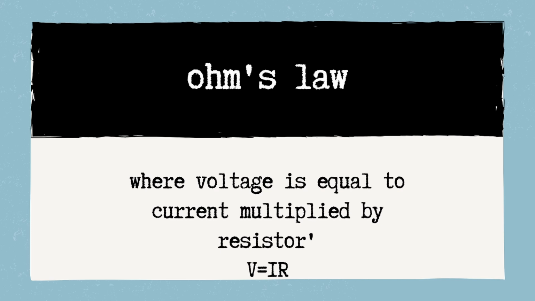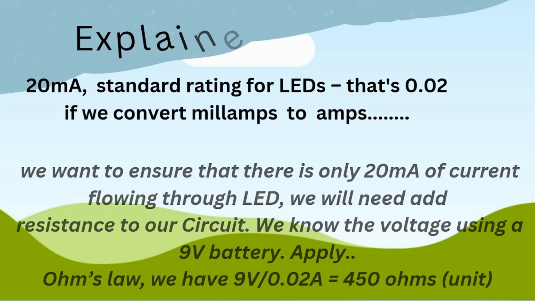V stands for voltage, I stands for current, and R stands for resistance. And also, an LED has a maximum rated current. Let's apply it to the real world.